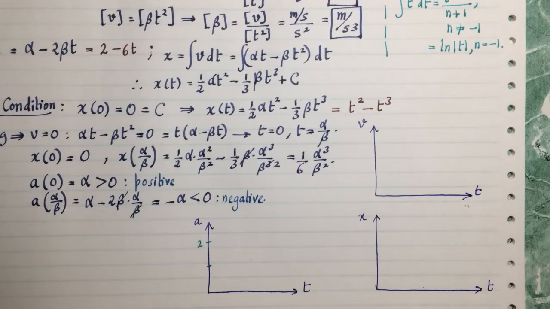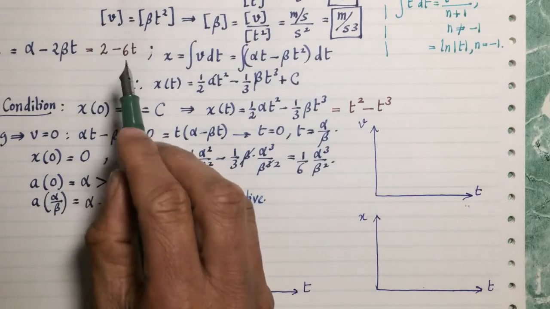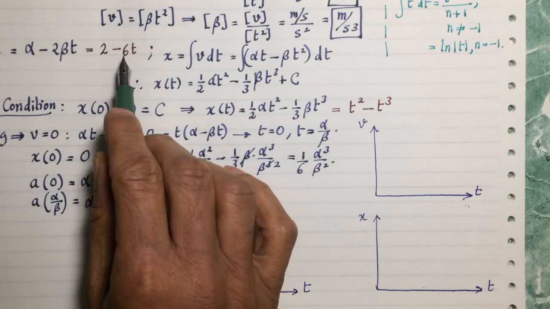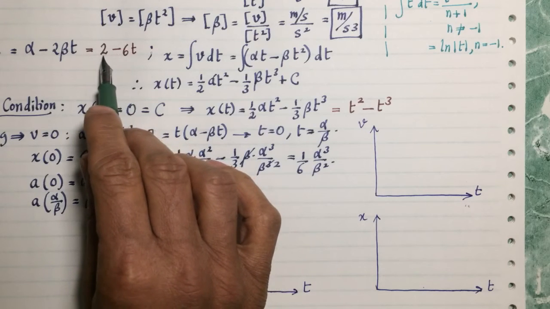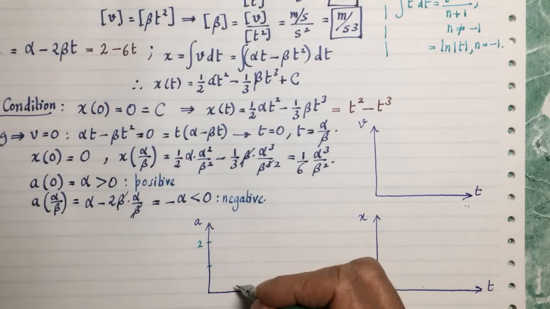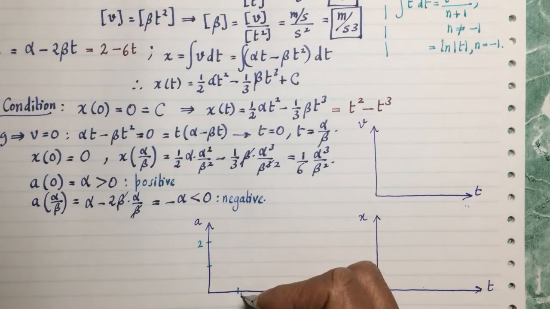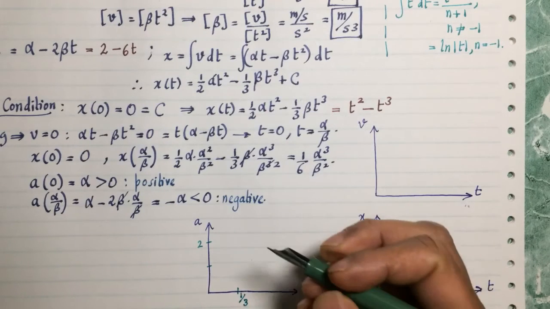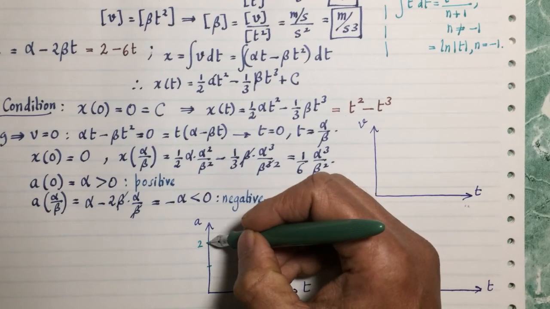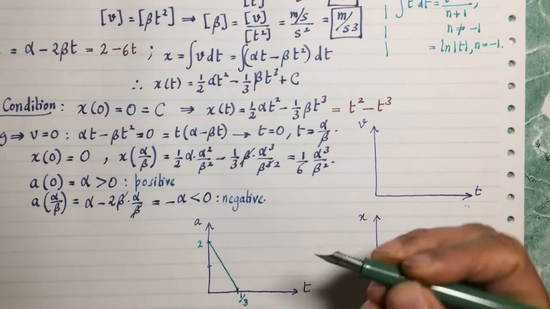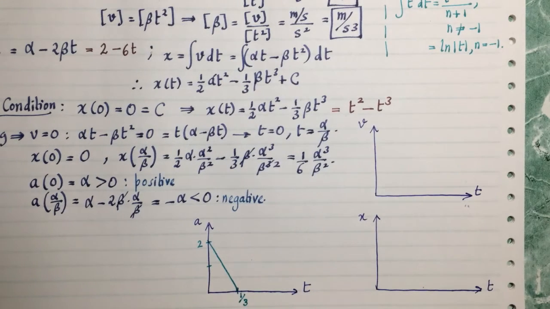And at t equal to 2 over 6, the acceleration is 0. So at t equals 1/3, the acceleration is actually 0. And then after that, it keeps going down. So this is an interesting graph.